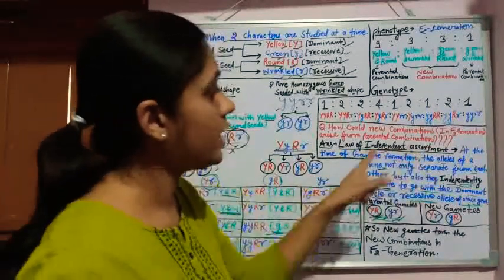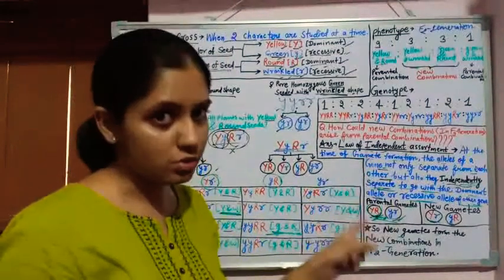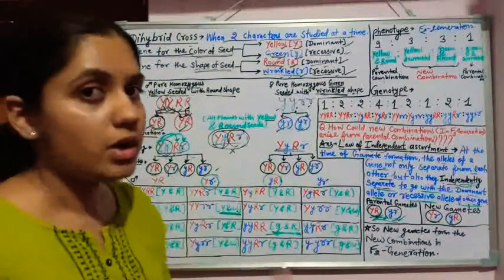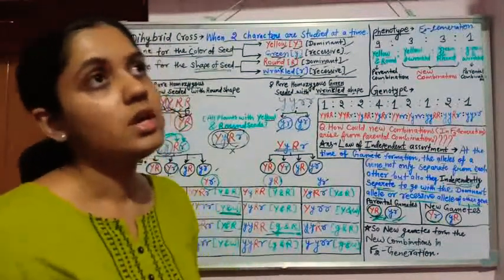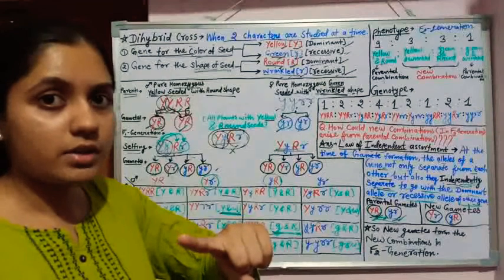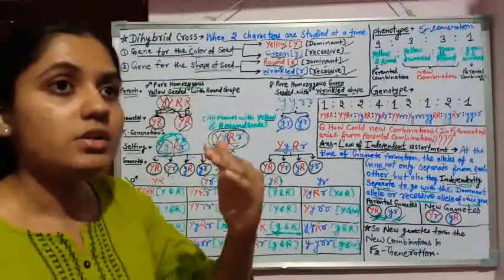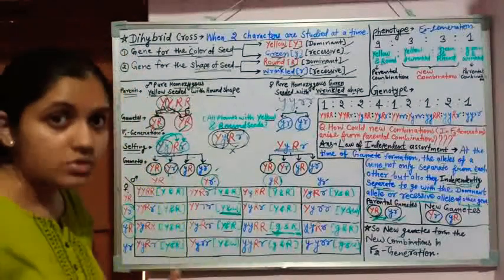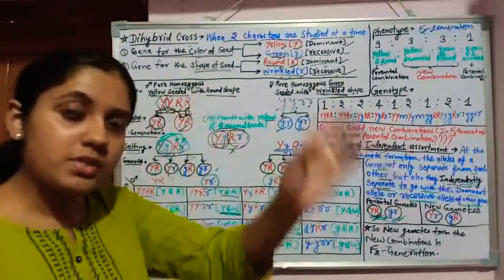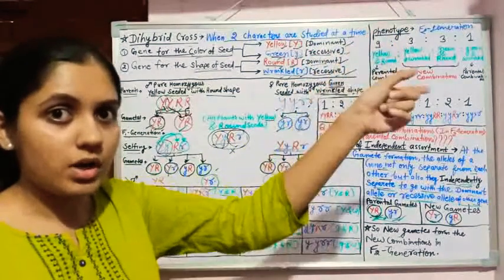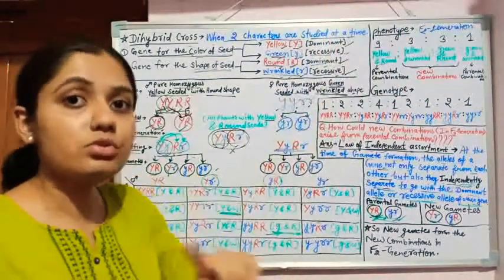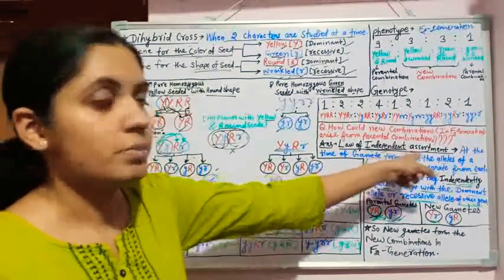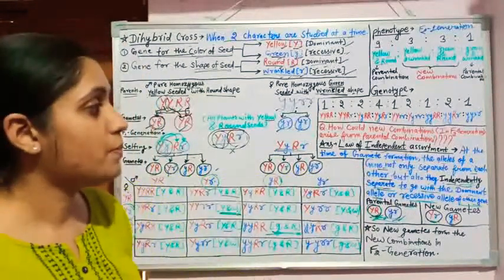And we cannot explain the law of independent assortment by the monohybrid cross. Why? Because you have already understood the monohybrid cross. The plant can either be tall or dwarf. So this tallness and dwarfness which is present in the F2 generation is also present in the parents, tall and dwarf, not intermediate in size. So no new combination can arise, and the law of independent assortment cannot be understood based on this.